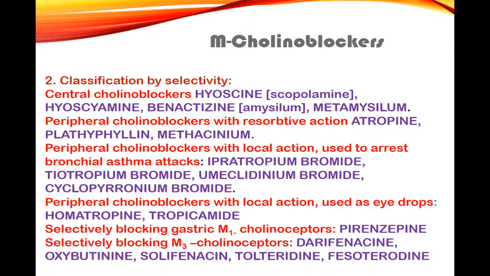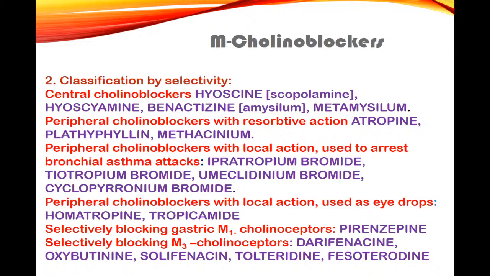What else? Hyoscine can be used for pre-medication, pre-anesthetic medication. What is the purpose of use of M-cholinoblockers for pre-medication? Pre-medication means usage 30-40 minutes before an operation with general anesthesia. Why?